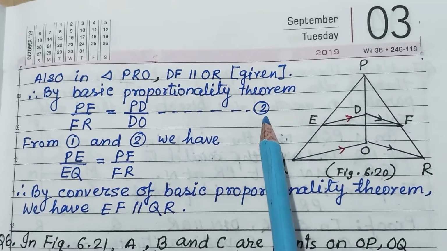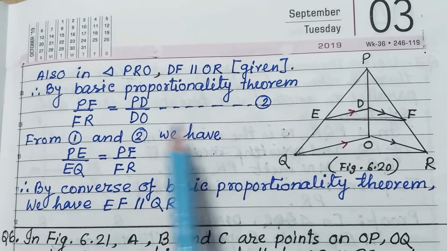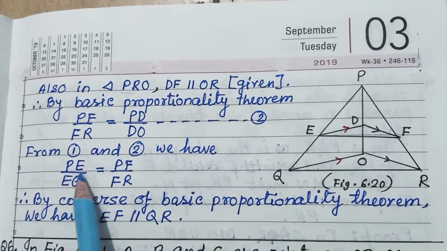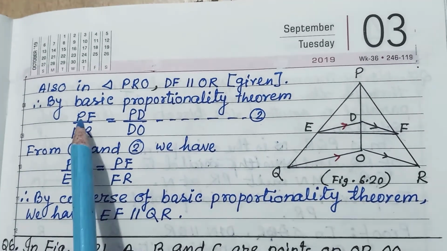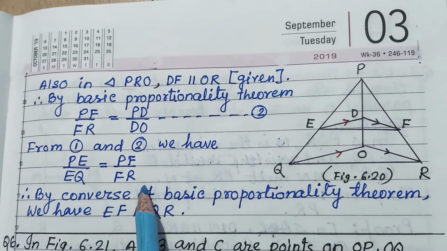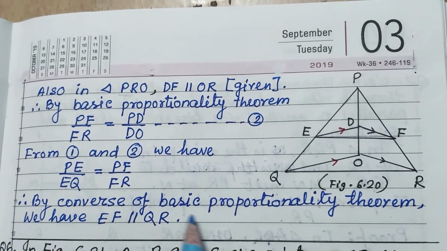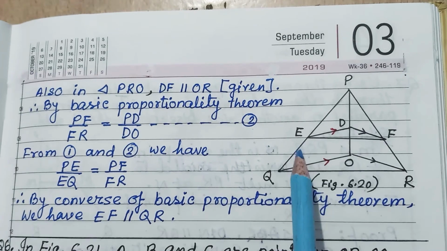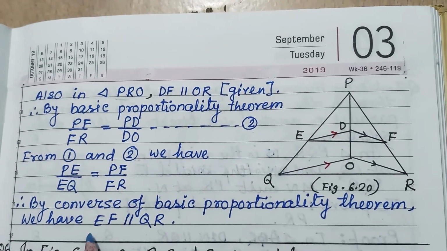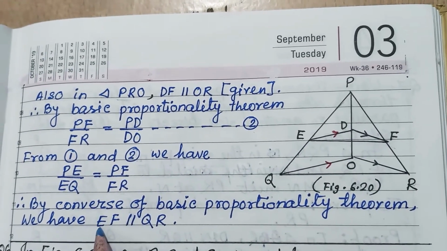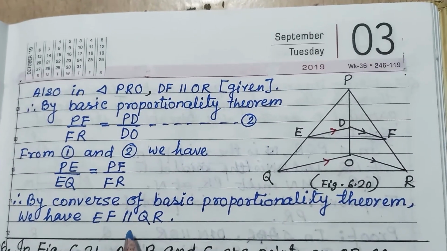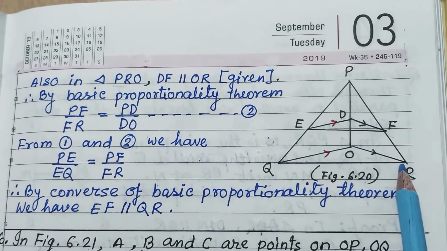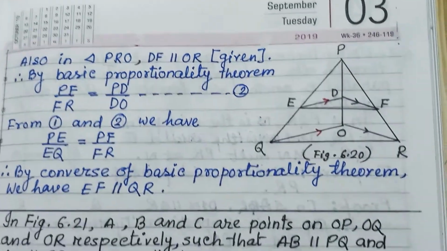Now from the first and second relations, the right hand side is the same. So the left hand side, PE upon EQ is equal to PF upon FR. So by the converse of basic proportionality theorem, as these two ratios are the same, therefore we can write EF is parallel to QR in this triangle.